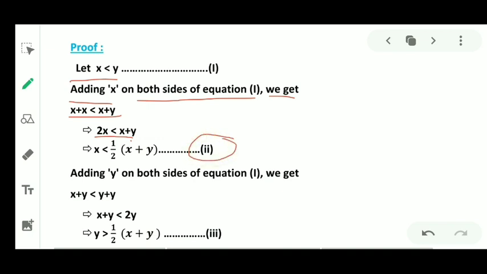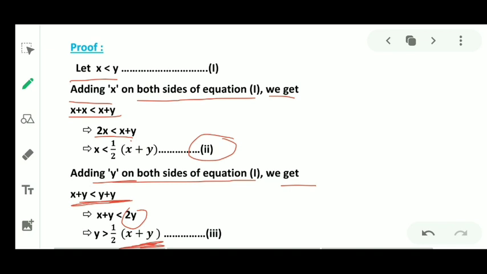Clear? Now adding y on both sides of equation 1, we get x plus y less than y plus y. Then y plus y will become 2y. Now y is greater than 1 by 2 into x plus y, that is equation 3.